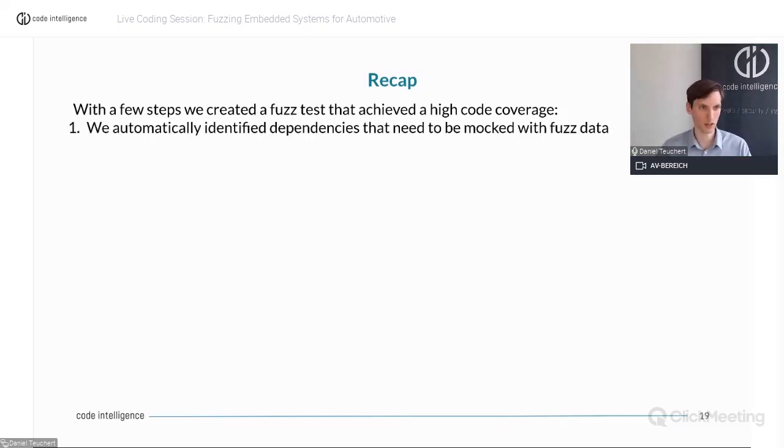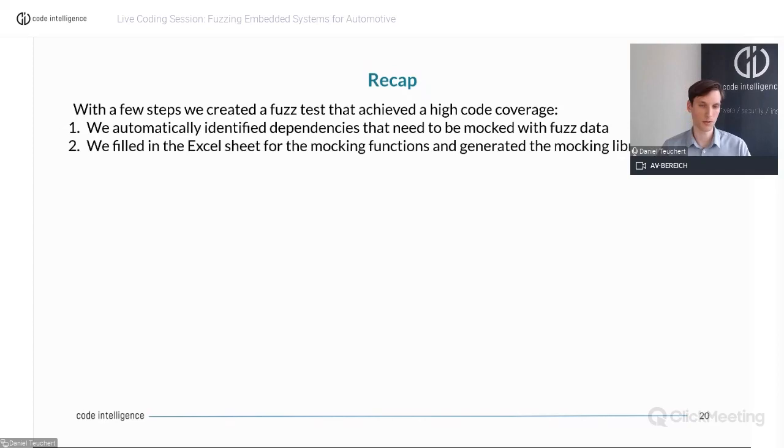So what did we do actually? First, we had to identify all the functions that we need to simulate, that we need to mock. We did this with our first script, and then we had these two Excel sheets. Then we filled in the Excel sheet for all the functions that need to be mocked. And from there, with the second script, we generated our mocking library, where these functions return our fuzzer data.